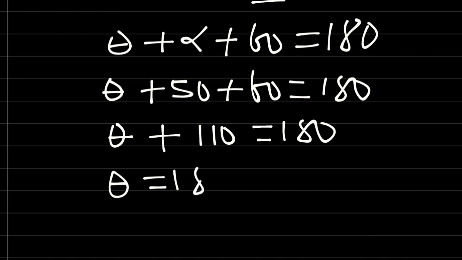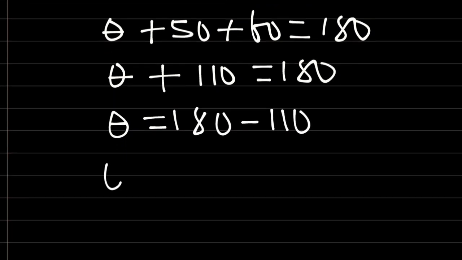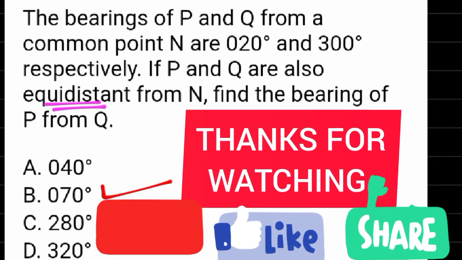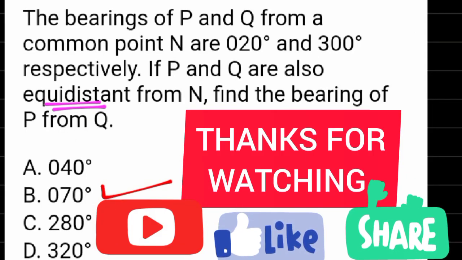Theta is equal to 180 degrees minus 110 degrees. Therefore, theta is equal to 70 degrees. The correct option is option B, 70 degrees, the bearing of P from Q.